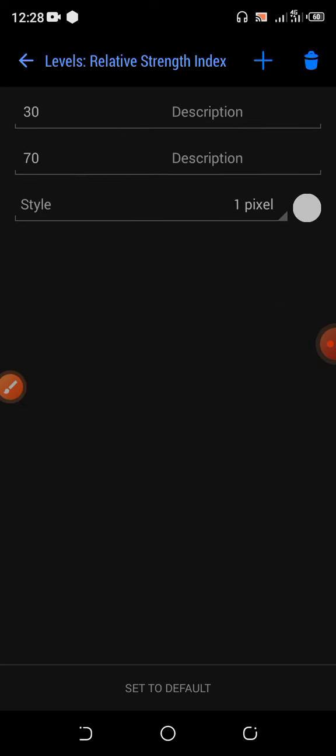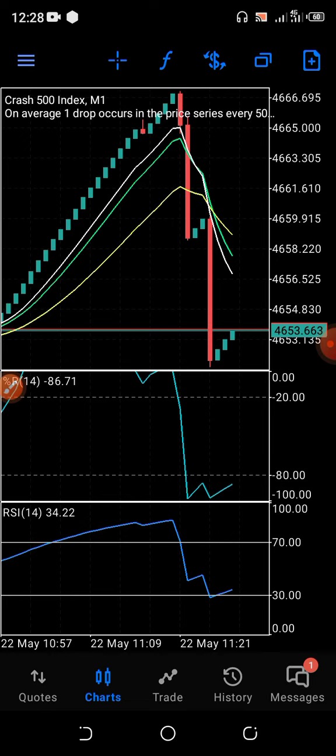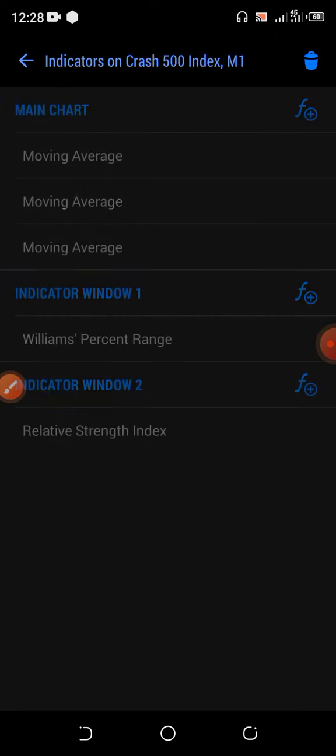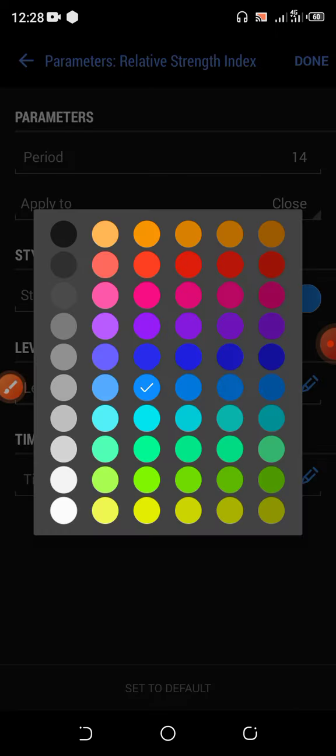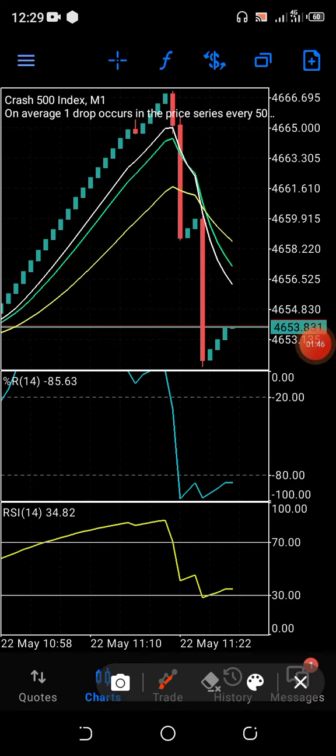Let me change this thing. Good. You see, they have different things in common. When it comes to RSI, let me change this to this color so that you identify it easily. This one here is the RSI.